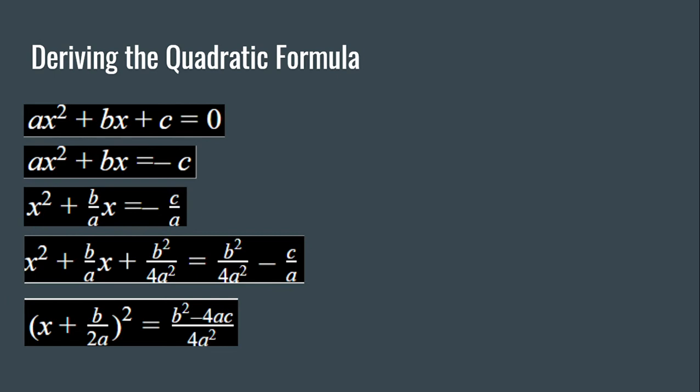Okay, so on the other side here we got a perfect square binomial because it's got two terms. If you're not sure how to do that, check out my other video on perfect square trinomials and factoring. Alright, so next step, we want to get rid of that square.